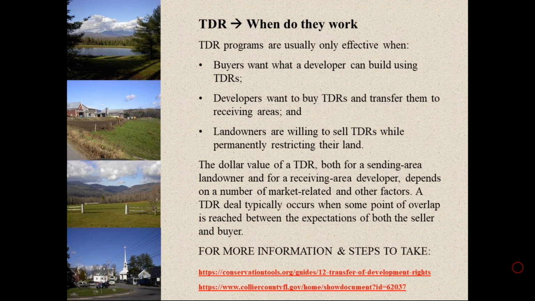One reason why TDRs aren't as effective as some other programs is that you have to have a willing seller of TDRs that's willing to place conservation easements or restrictions on their property. So you have to have willing participants, whereas in other methods like an urban growth boundary, it's an established regulatory means of controlling new growth and development in outer rural and open areas.